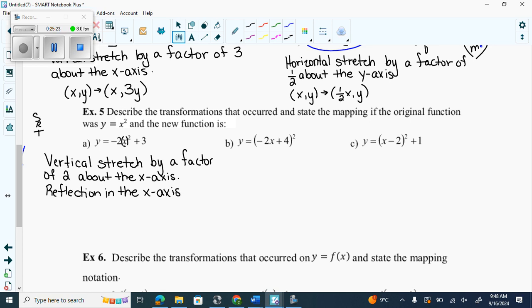And then what's this 3? Vertical translation. Three units up.